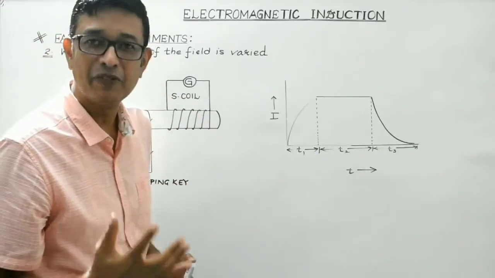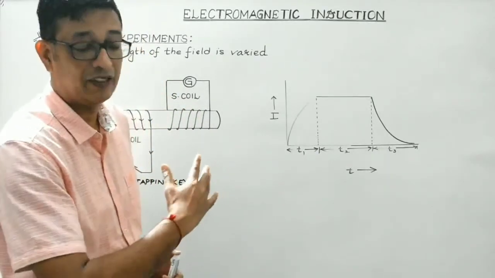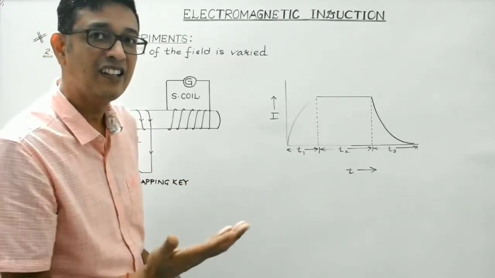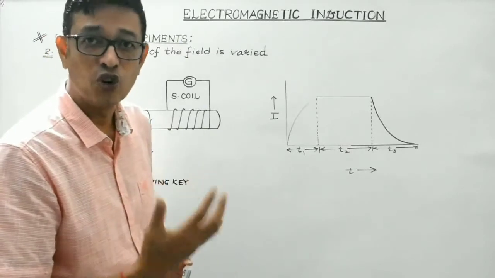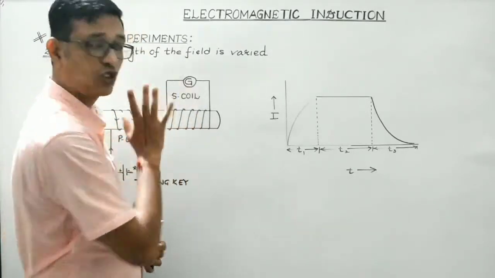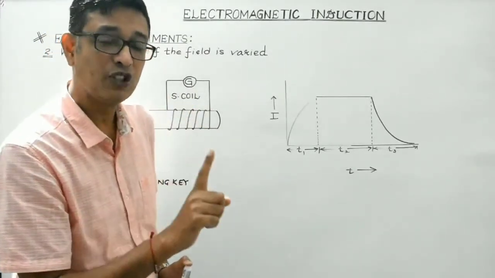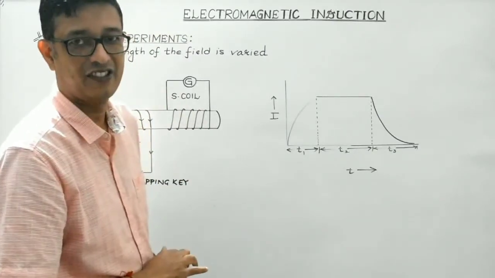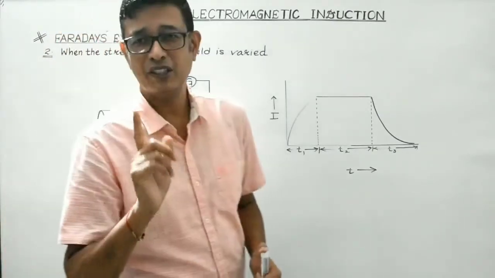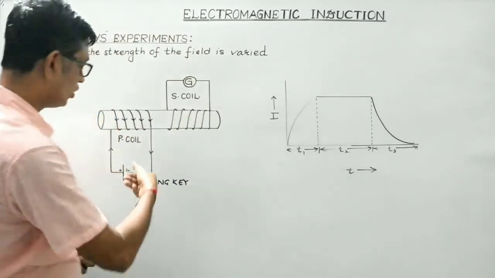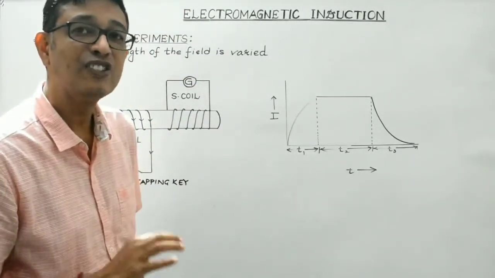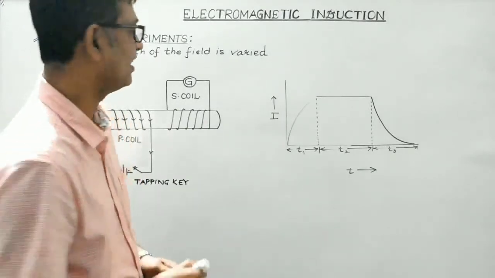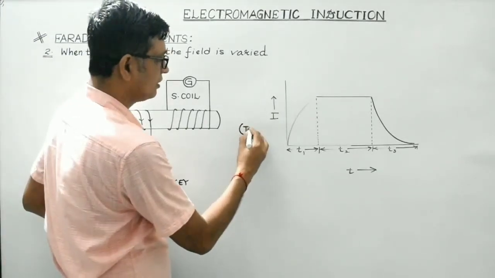Galvanometer is a sensitive device, the deflection of which will indicate the production of current, right? In the case of no current flowing through the S coil, the pointer of the galvanometer will show zero deflection. Clear? And here, I must make it very clear that on pressing the tapping key, the current which flows through the P coil is known as transient current.